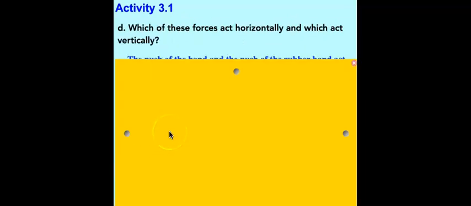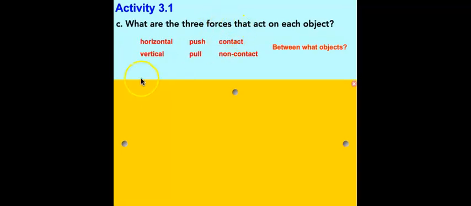All right, so D says, which of these forces act horizontally and which act vertically? Go back up to C, and it's easy. When you look at C, where you answered what the three forces are that act on both the tennis ball and the marble, which ones use the word vertical and which ones use the word horizontal?